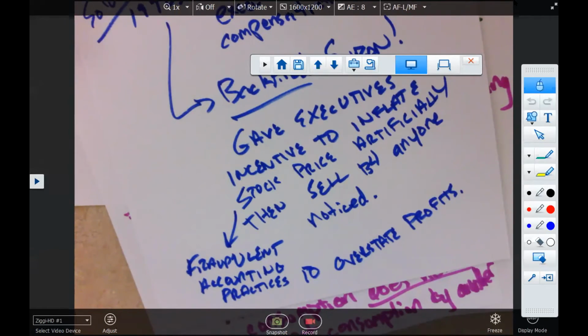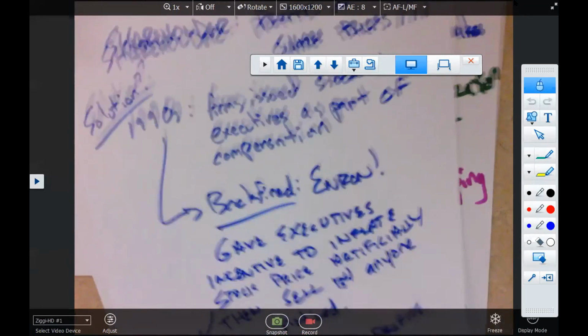And then 2008. So 2008 happened, I mean, a lot of it was because of the ninja loans, right?